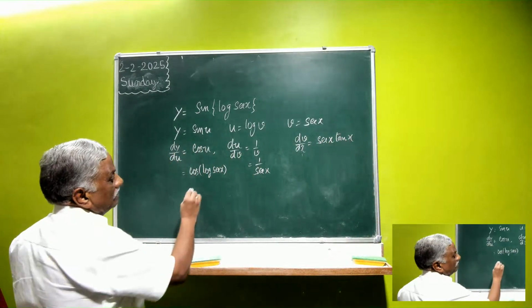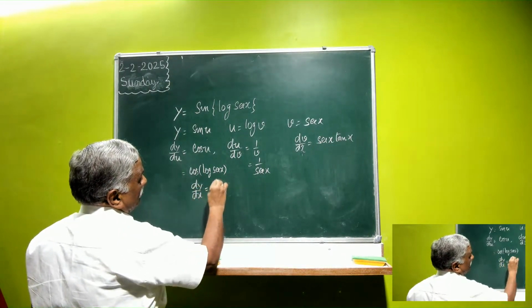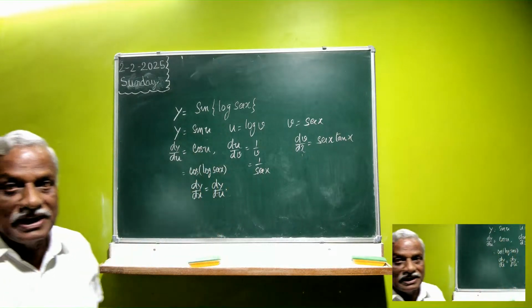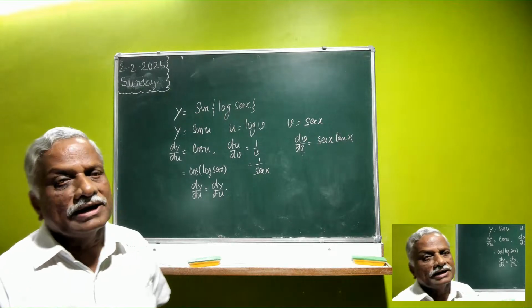Now we have to write the formula. What's the formula? For one or two problems I am writing the formula; only in the beginning we shall write the formula. Afterwards we can work the problem keeping the formula in our mind.